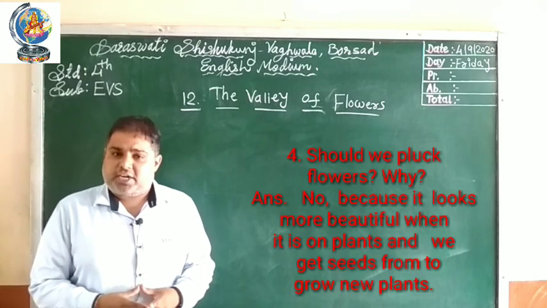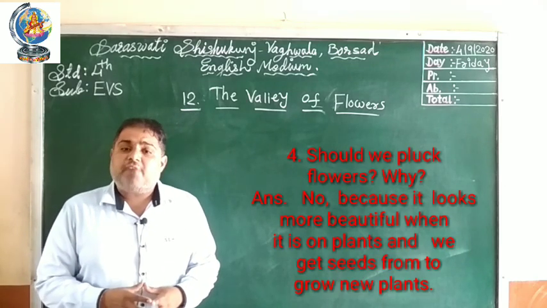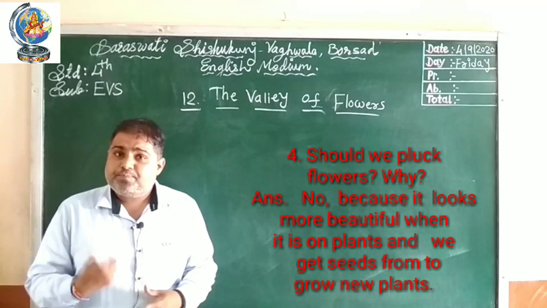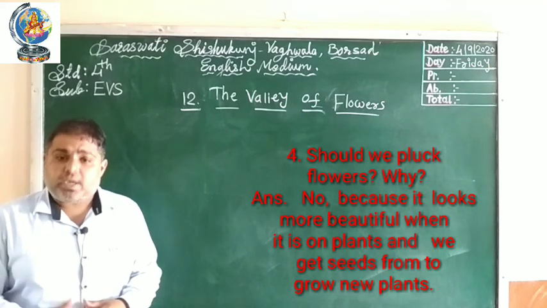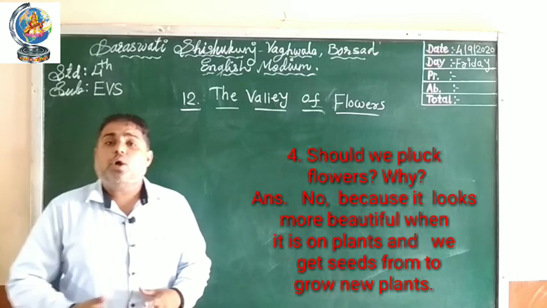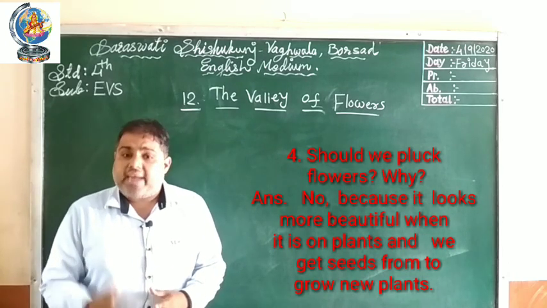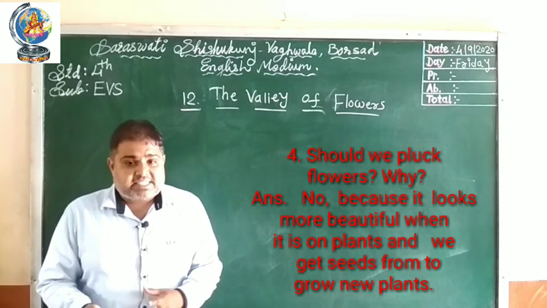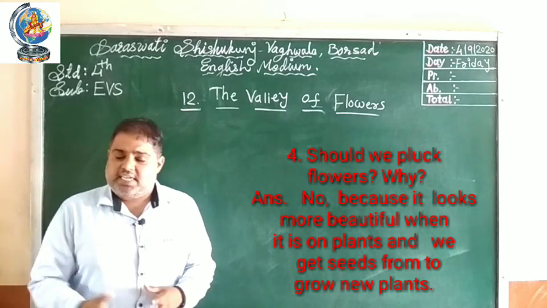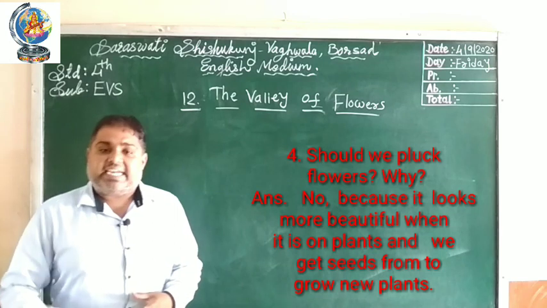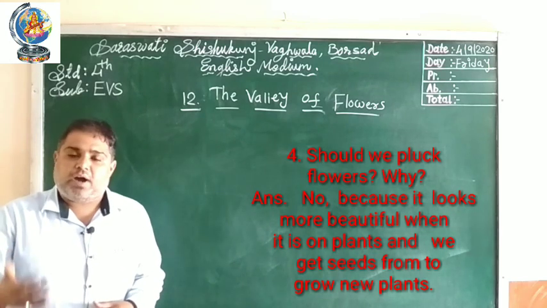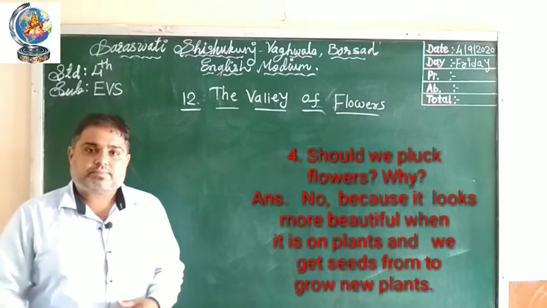Then the fourth question is, should we pluck flowers? Why? The answer is no, because it looks more beautiful when it is on plants, and we get seeds from flowers to grow new plants. That is why we should not pluck flowers.